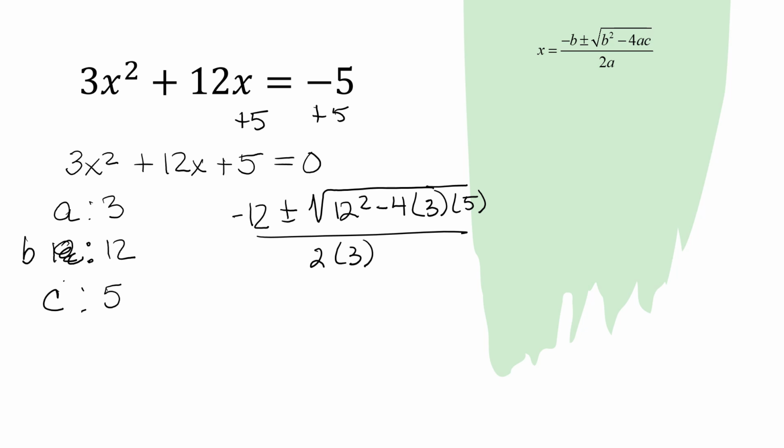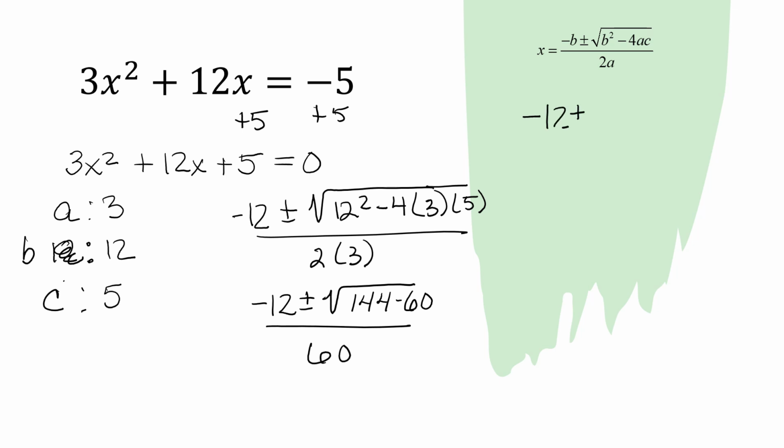If you simplify this, you get negative 12 plus or minus the square root of 144 minus 60 over 6. Let's keep getting smaller. We have negative 12 plus or minus the square root of 84 over 6.